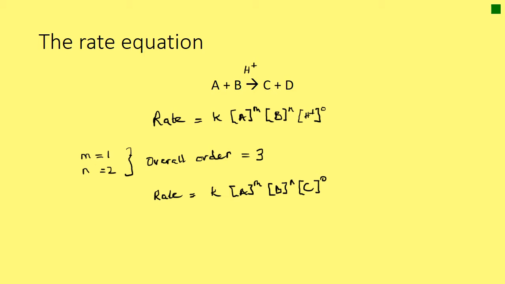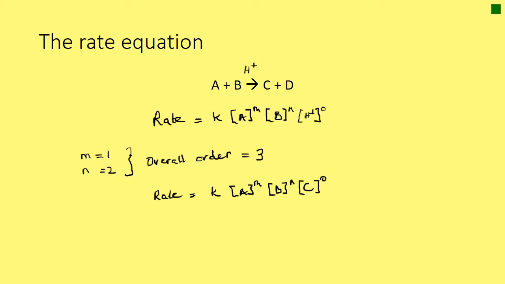So the last thing to say about the rate equation, let me just write it down again. The rate equation is equal to the rate constant times the concentration of A to the power of M and the concentration of the other reactant, B, to the power of N. Let's just talk about the overall order of the reaction.